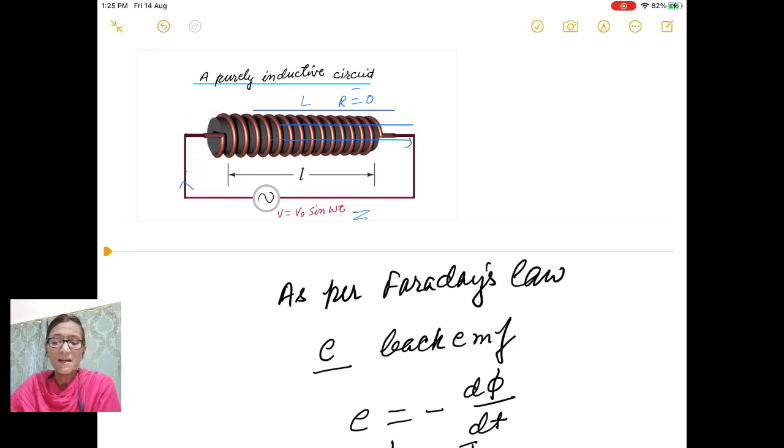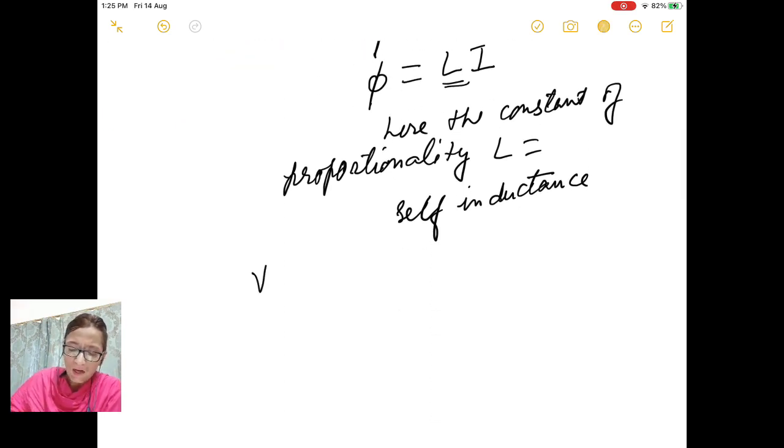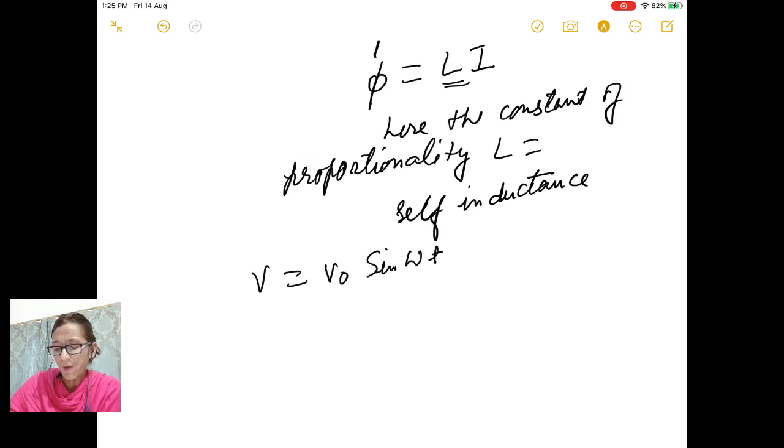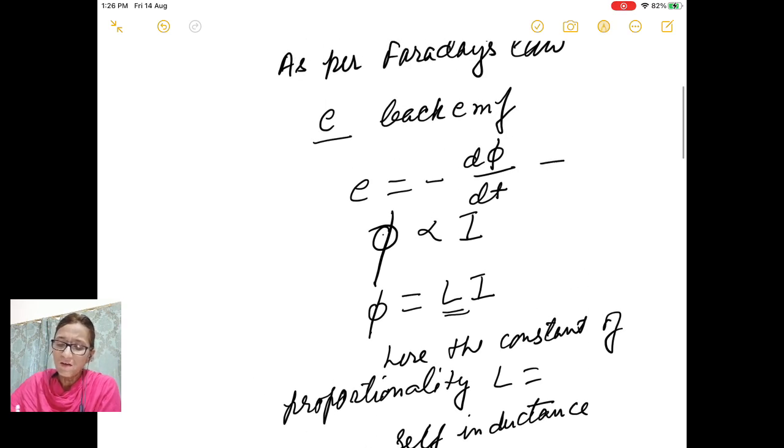Now in this circuit, resistance is 0 and applied voltage, the instantaneous voltage, is given by V is equal to V0 sin omega t, and induced EMF also is there, which is equal to minus dphi upon dt, from equation 1.